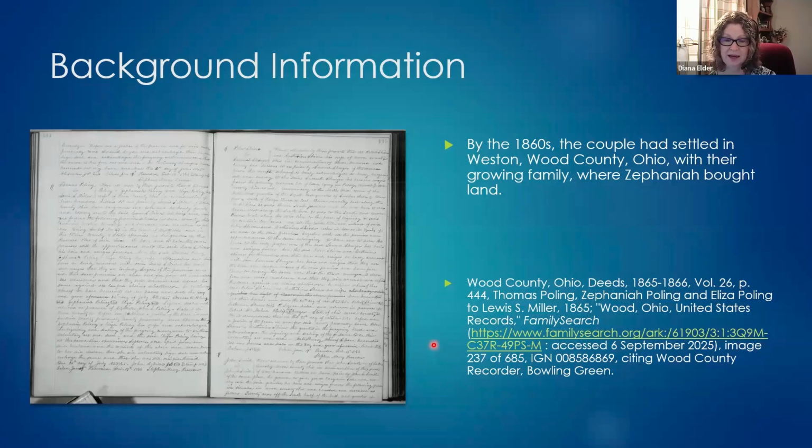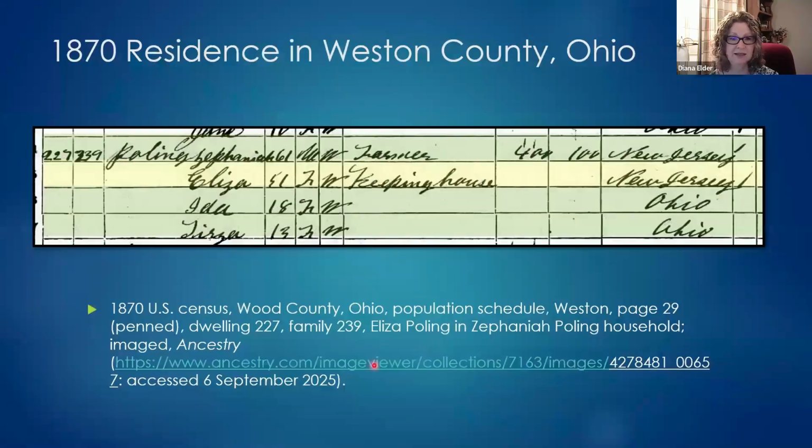In 1870, they are in Weston in Wood County, Ohio, and they're still born in New Jersey. And here are some of the younger children born in Ohio still in the family.